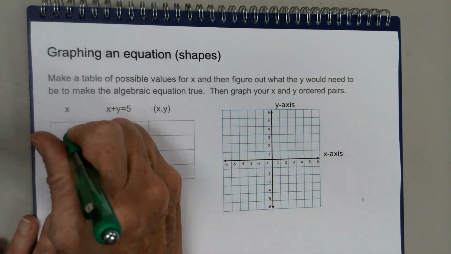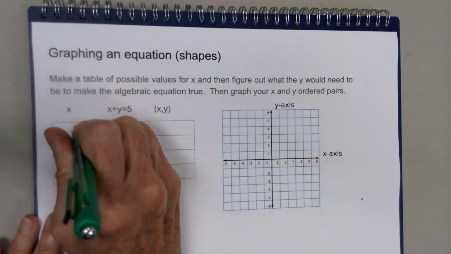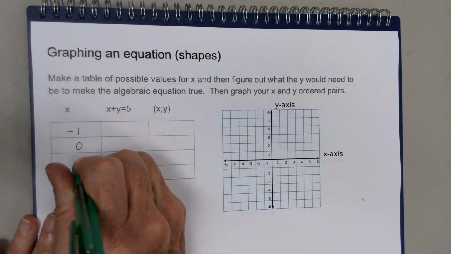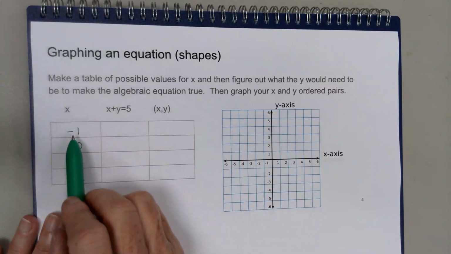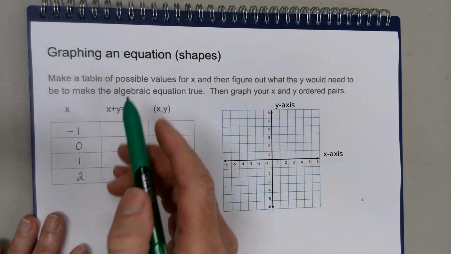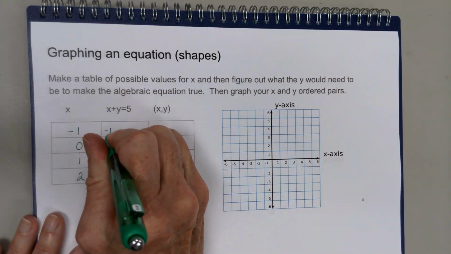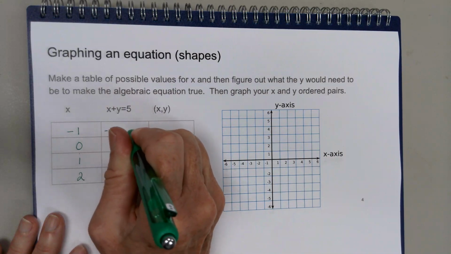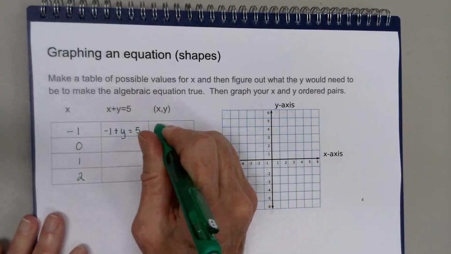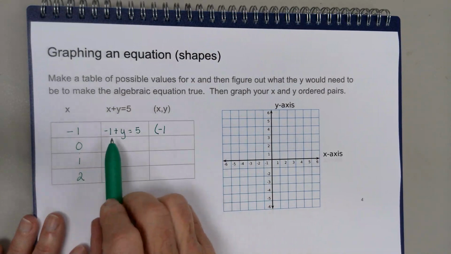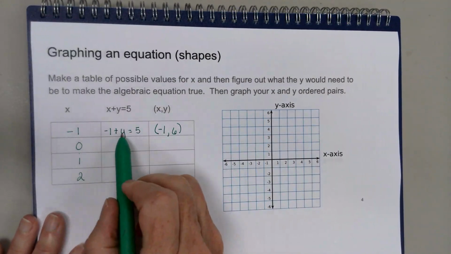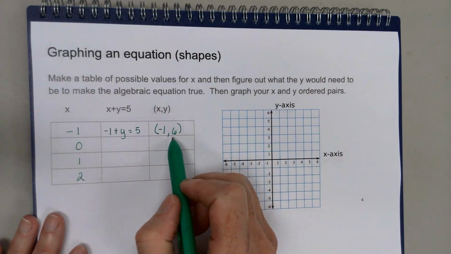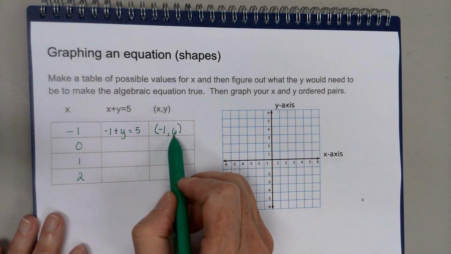So let's say I pick -1, 0, 1, and 2. If I plug those values in for x into this equation, I have -1 plus y equals 5. So my -1 is my x. I would have to add 6 to that -1 to make it equal 5. So I've got this point, -1, 6.